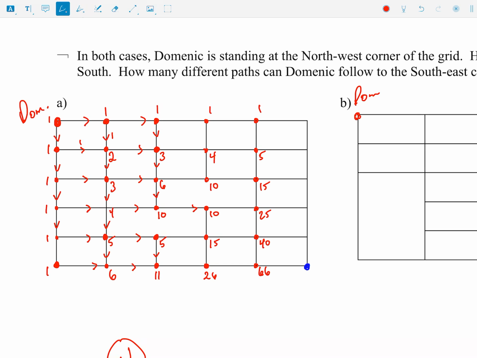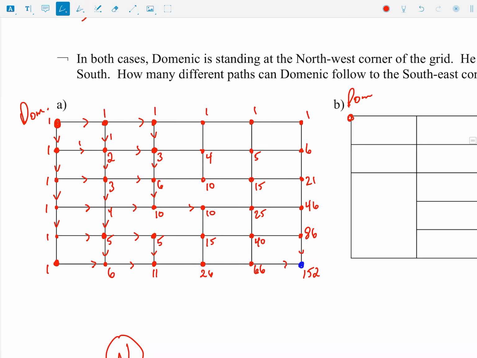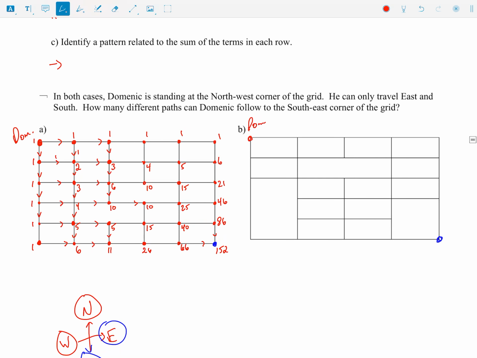And 66. I hope I got all this math right. Sometimes I drop a number. Yeah, it's a little confusing. 1. 6. 21. 46. 86, and then 86 plus 66 gives you 152 ways.